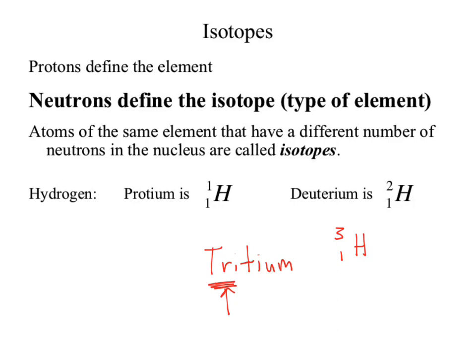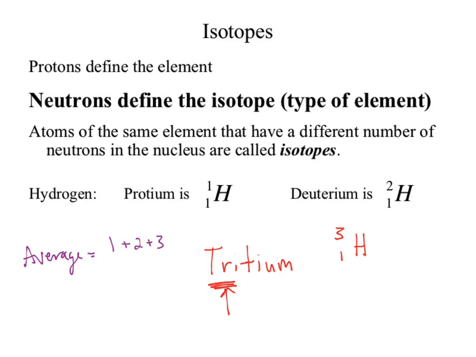Which brings us back to the example we've got here. What we said is what we're reporting up there on our periodic table is the average mass for our atoms. Well, what was the mass for protium? 1. What was the mass for deuterium? 2. The mass for tritium? 3.